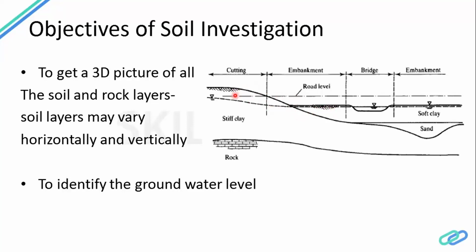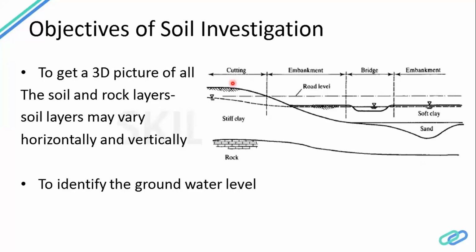And then if we see the soil strata here, it is stiff clay followed by rock. So if we take a borehole here, that borehole will show stiff clay with rock. Whereas at this location, it is soft clay with sand, followed by stiff clay and rock. So we can see how the soil profile varies horizontally as well as vertically.